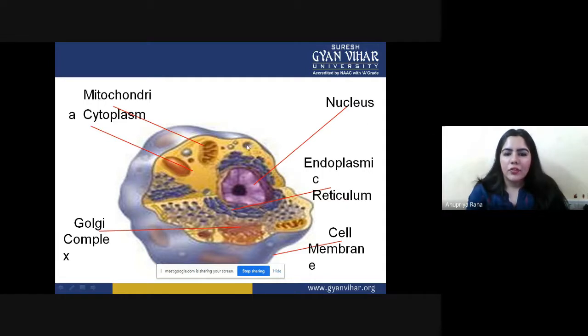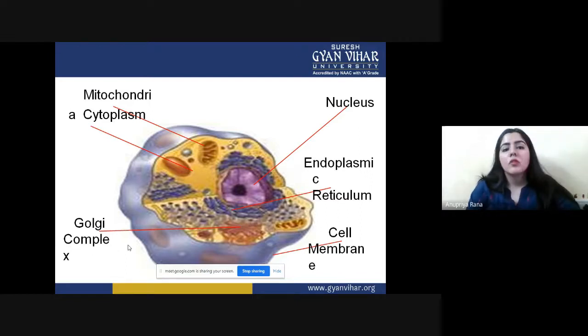Whatever names you are seeing on the slide are not present inside the prokaryote cell, like mitochondria, Golgi complex, a bounded nucleus, endoplasmic reticulum, and so on. Normally a prokaryote cell does not have any organelle which is membrane bound.